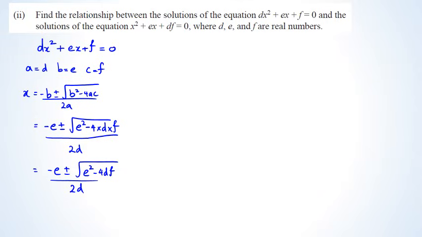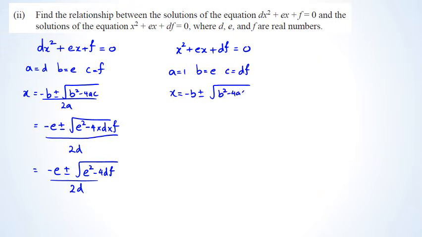So what I'm going to do now is pretty much the same thing, but with the second equation. So I've got x squared plus EX plus DF equals 0. So A equals 1, B equals E, C equals DF. Once again, using the quadratic formula, I'm going to substitute all these values and figure out what the solutions are.